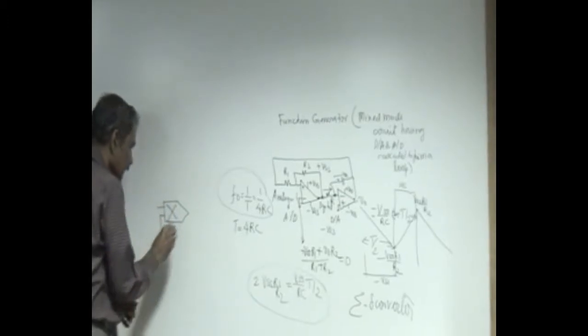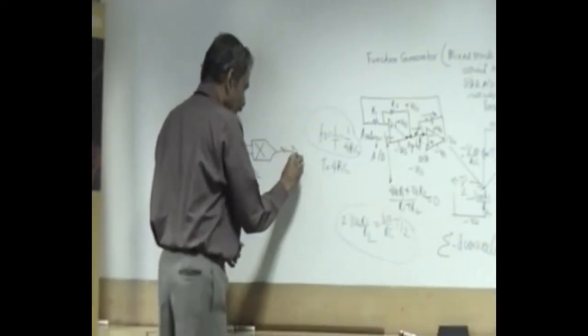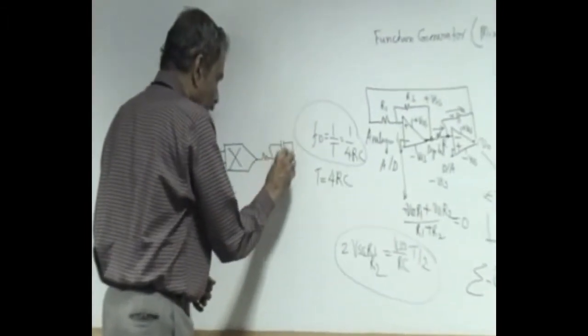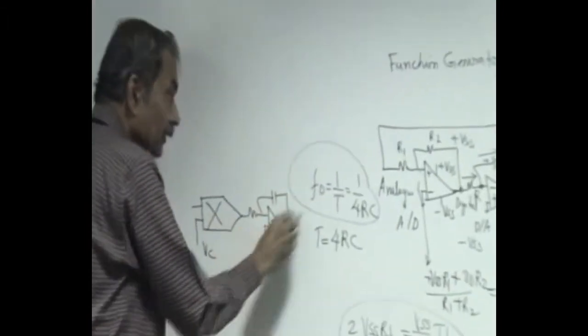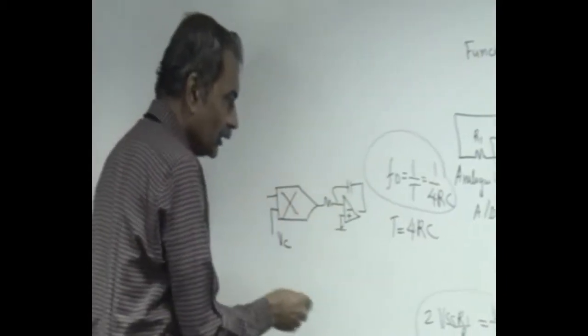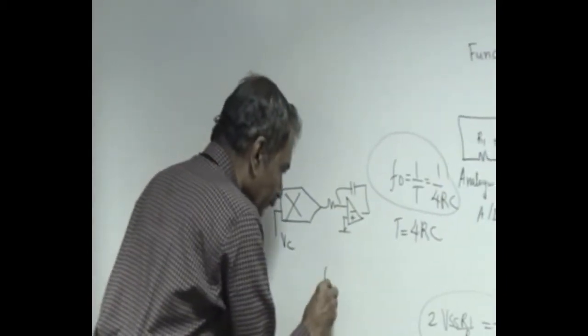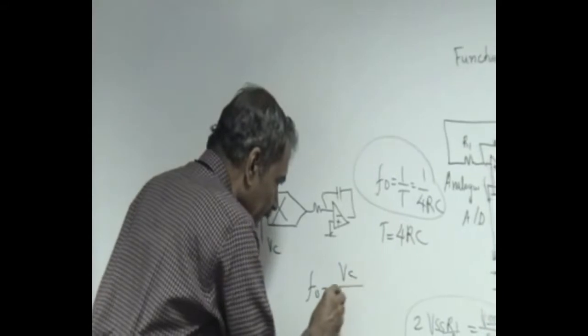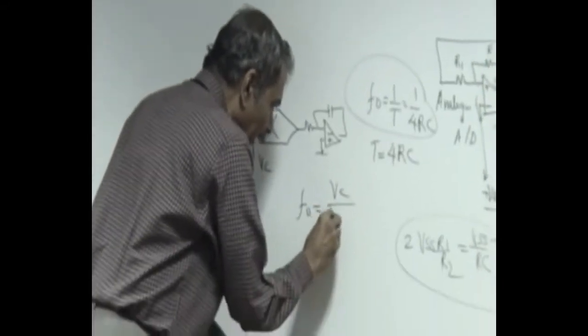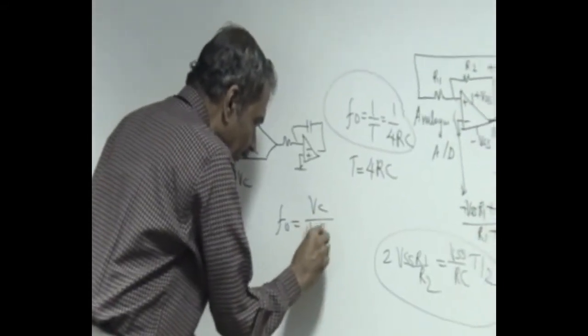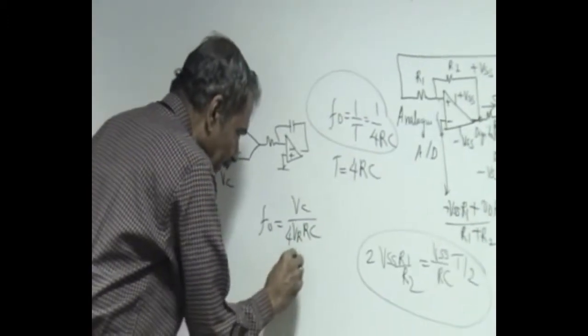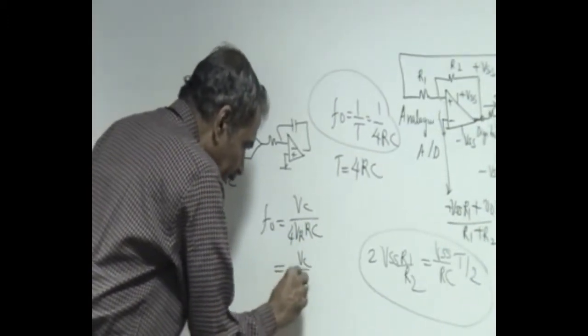So if you use this as VC and replace the integrator, then frequency F0 becomes VC by VR into 4 Hz. So if VR is 10, it is VC by 40 Hz.